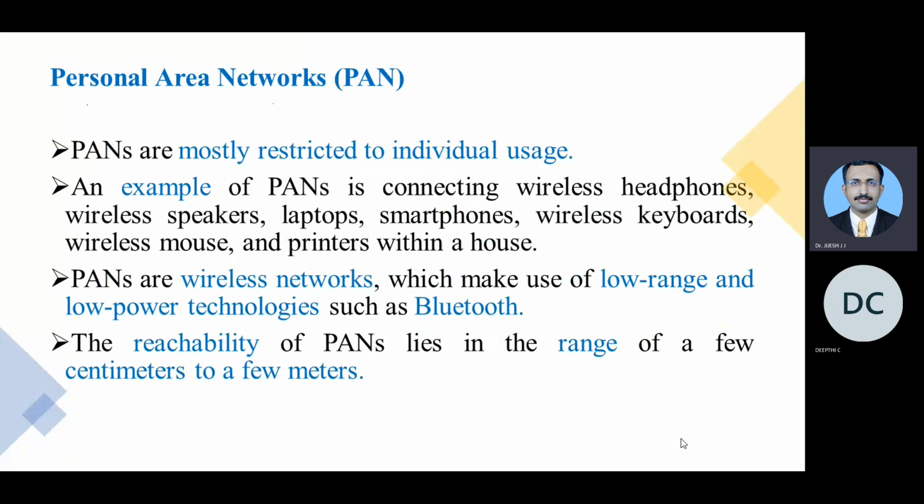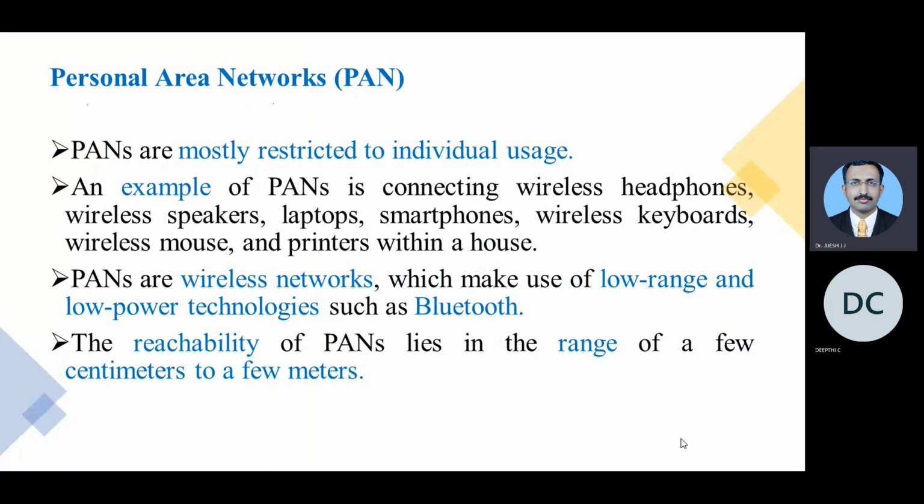Example for PAN is wireless headphone, wireless speaker, laptops, smartphones, keyboards, wireless mouse, and printer. Whichever you are using in your home which is closely associated with you, those things are the examples of personal area network.